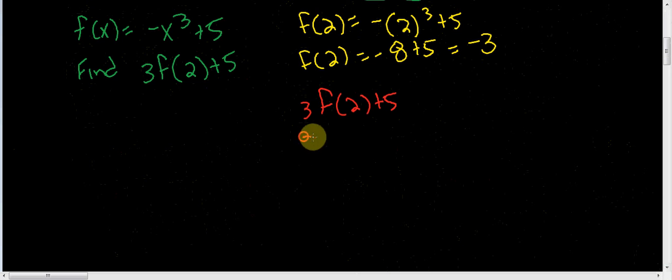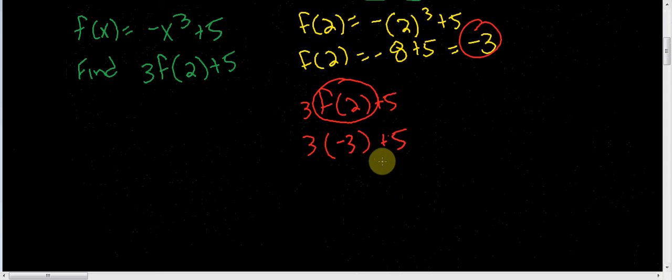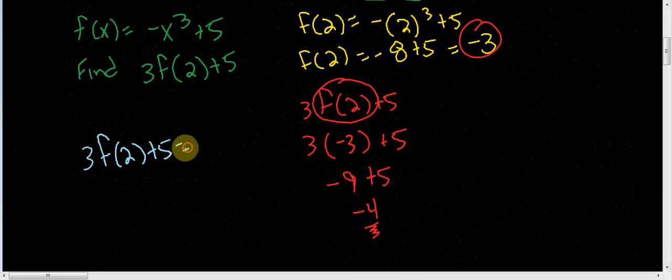So we have 3. In place of this f of 2 right here, we know that's worth negative 3 because we figured that out right there. So I'm going to put a negative 3 right there and then add 5. And so that gives us negative 9 plus 5, which gives us negative 4. So the answer to my question that I was originally asked then is that 3 times f of 2 plus 5 more is equal to negative 4.